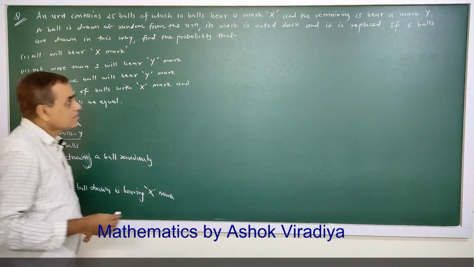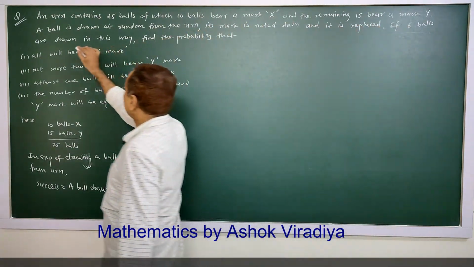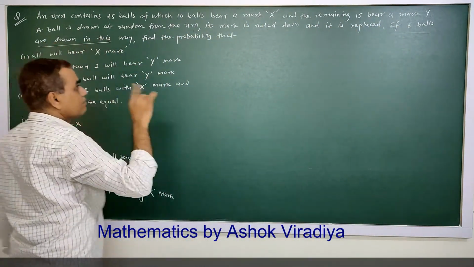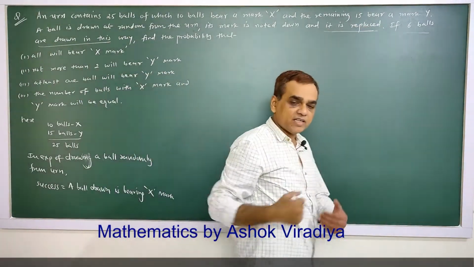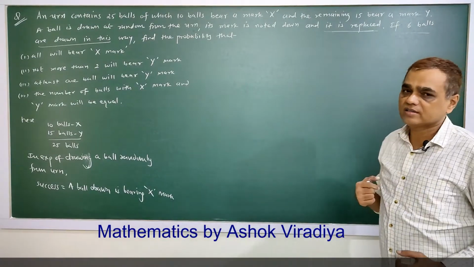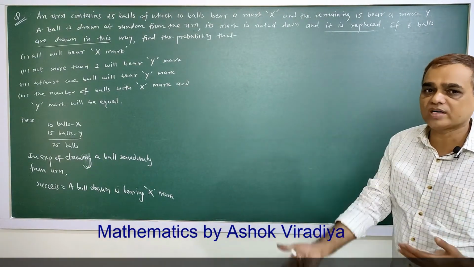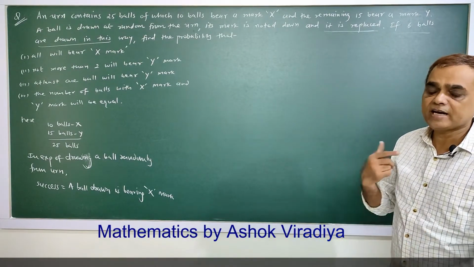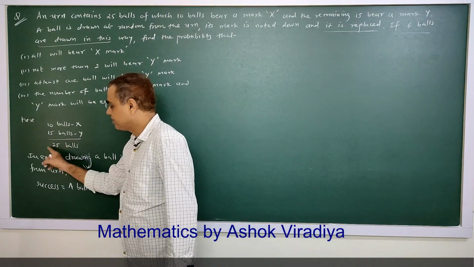Say here 6 balls are drawn in this way, but with replacement. A ball is taken, and before the second trial, the previous one is replaced. So every time the status of this urn remains the same.